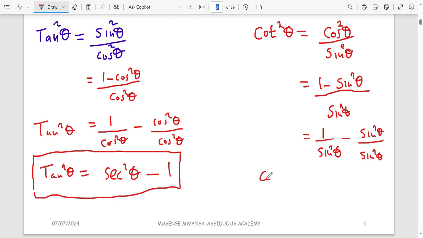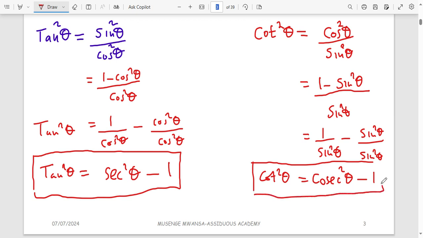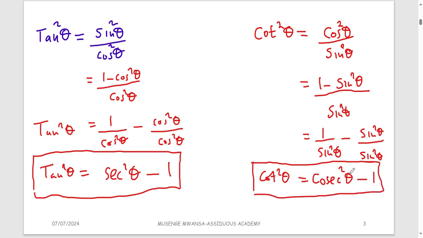So this gives us cot squared theta being equal to 1 over sin squared theta minus 1. Remember, the opposite for sin is cosec. So this is going to be cosec squared theta minus 1. This is another identity that you want to pay attention to. Okay, very important one. Don't forget.